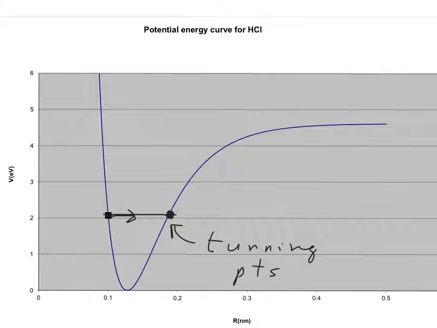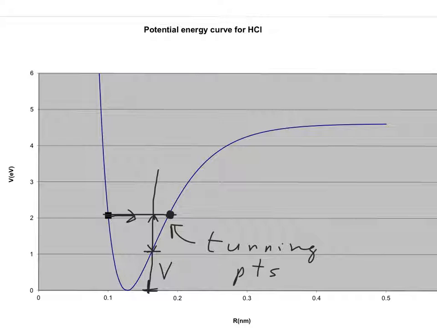Okay, in the course of its vibration at any particular distance, we'll say this distance here, the total energy is constant. The potential energy is this distance here, V, and the kinetic energy is the distance from here to here.